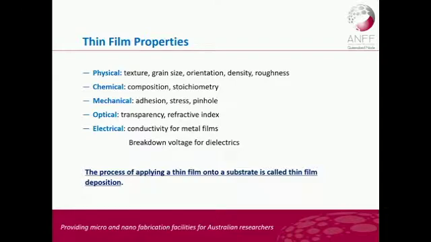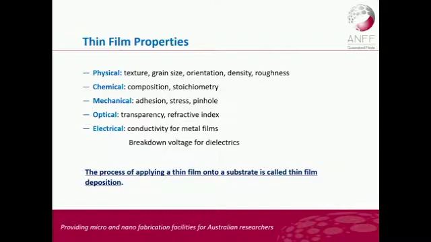The next one is the chemical property, including the composition, stoichiometry. And also mechanical property, which includes adhesion, stress, how good your film is, what's the density of the film, whether you have pinhole defects on the film.